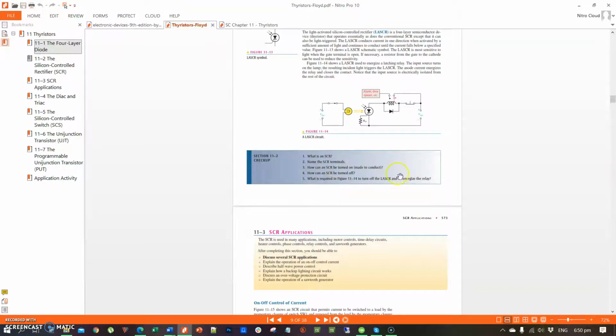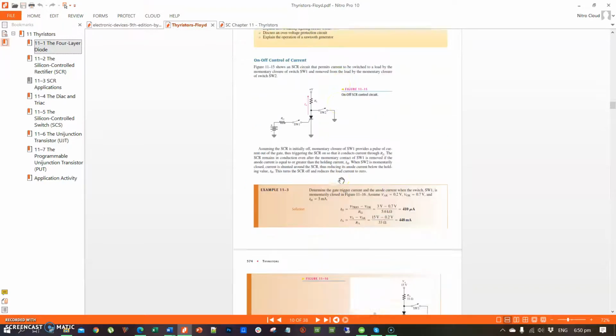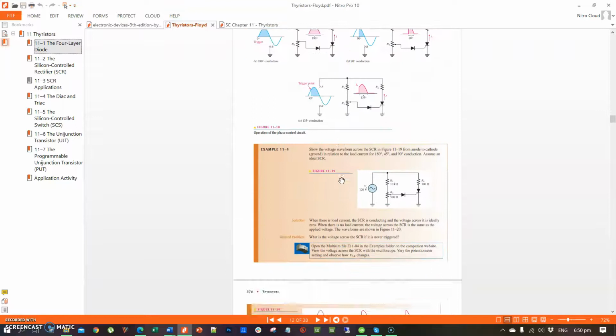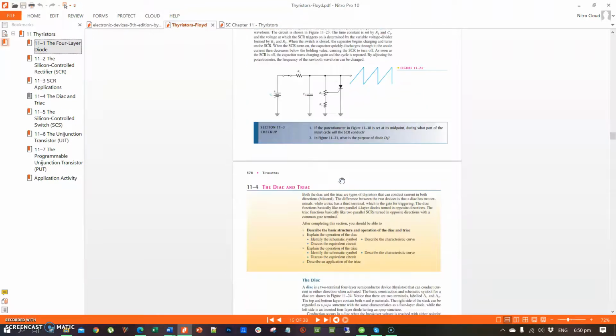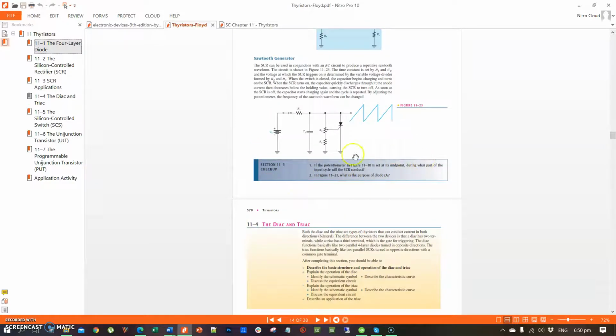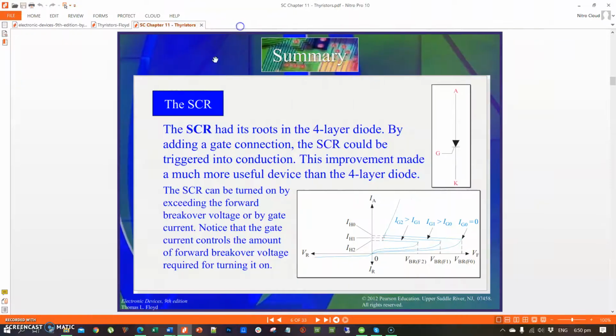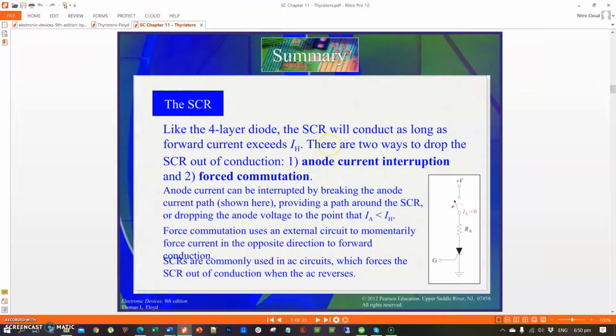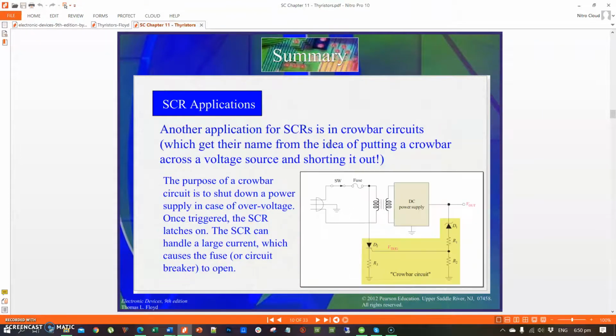Please also answer this one, as well as 11-3. Then 11-4 would be our next topic. So let's focus here on 11-3, the SCR applications.